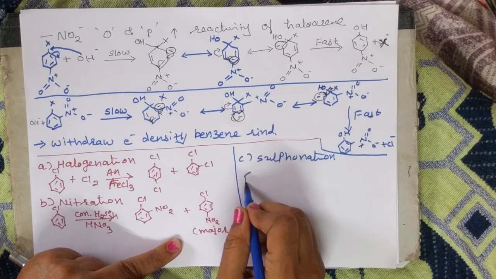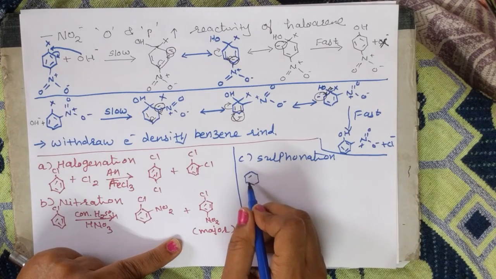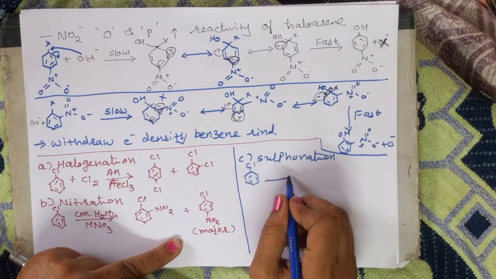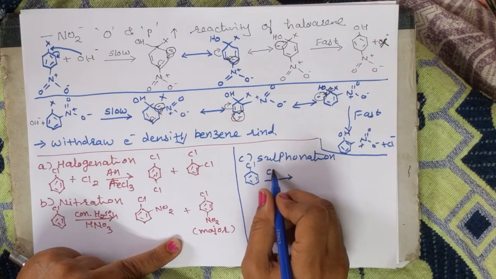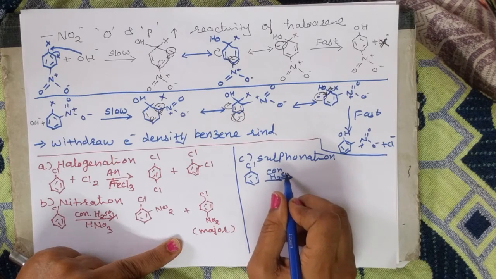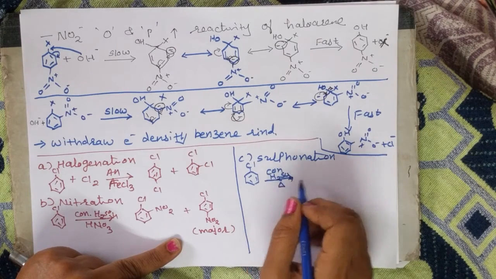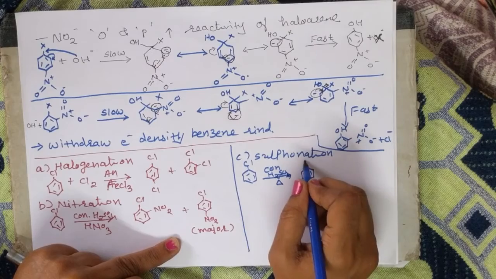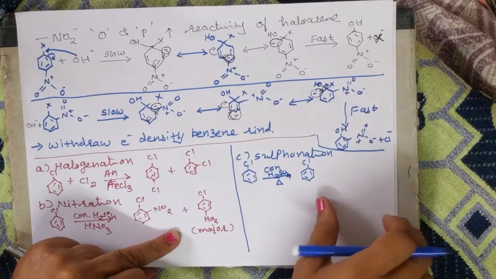So for sulfonation of chlorobenzene, it is to be heated in the presence of concentrated H2SO4, and in the same way we get a mixture.